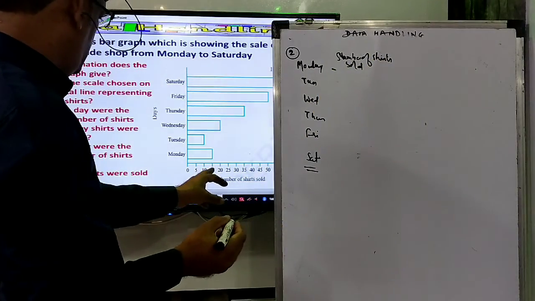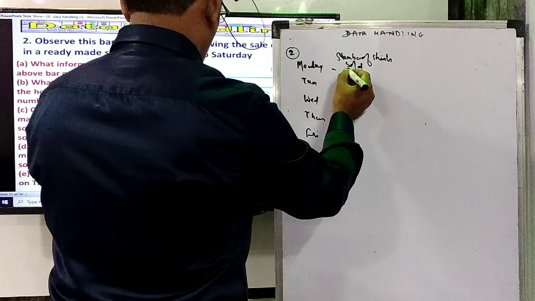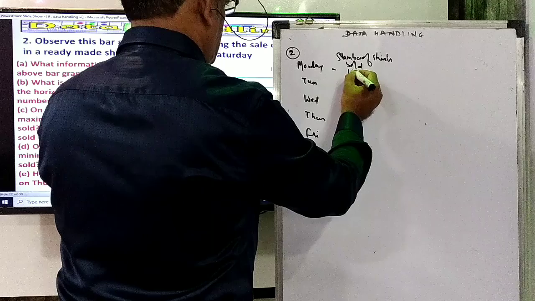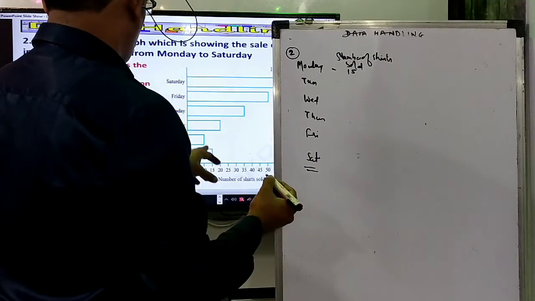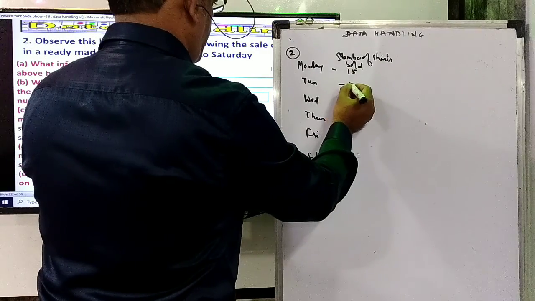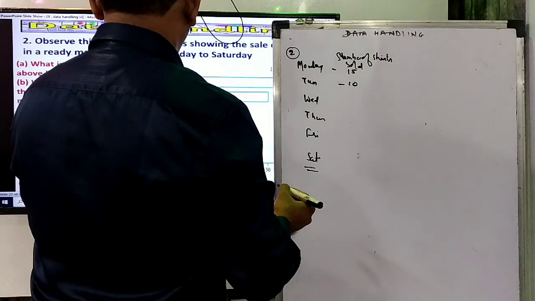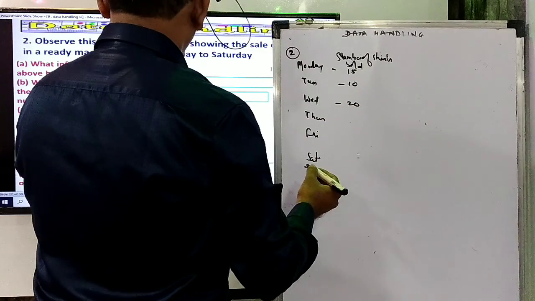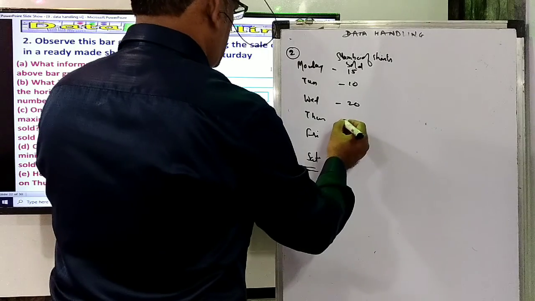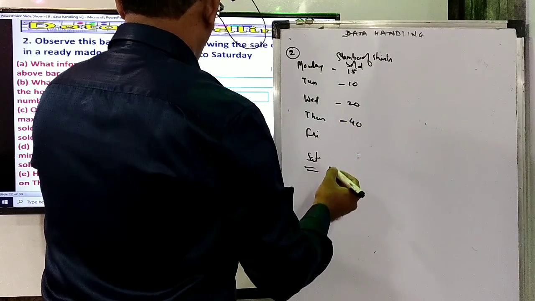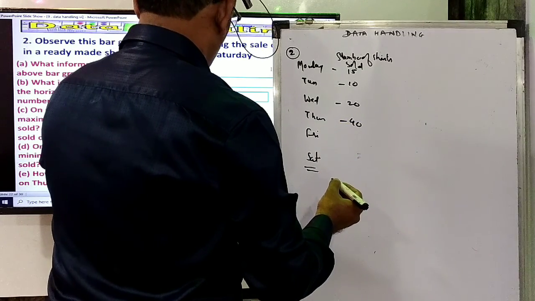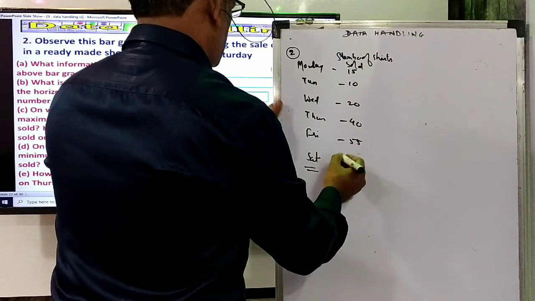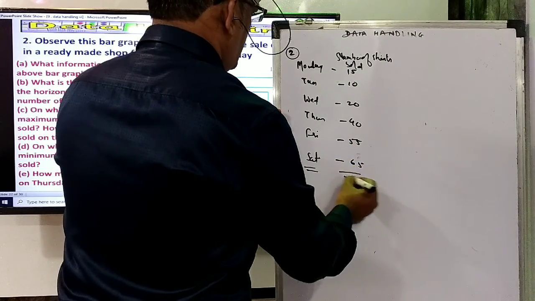Number of shirts sold on Monday is 15. Then on Tuesday 10 shirts are sold. Then on Wednesday 20 shirts are sold. Then Thursday 40 shirts are sold. Then Friday 55 shirts sold. And on Saturday 65 shirts sold.